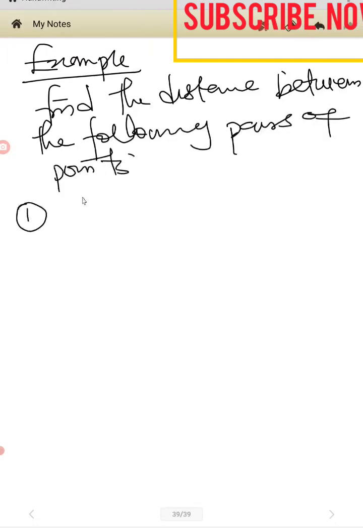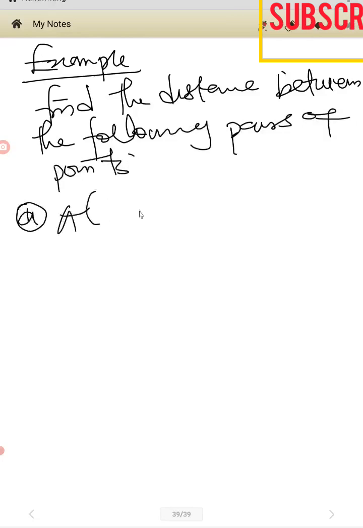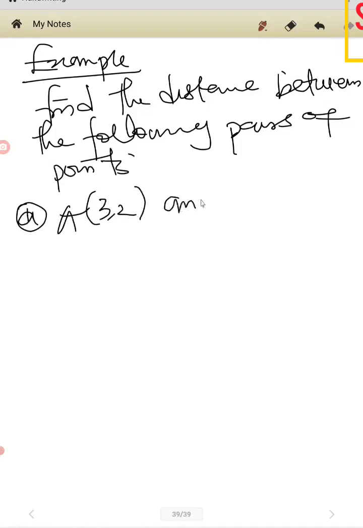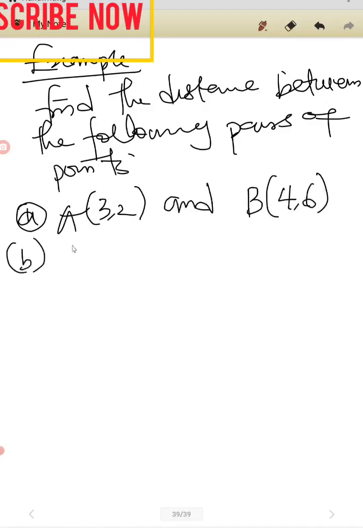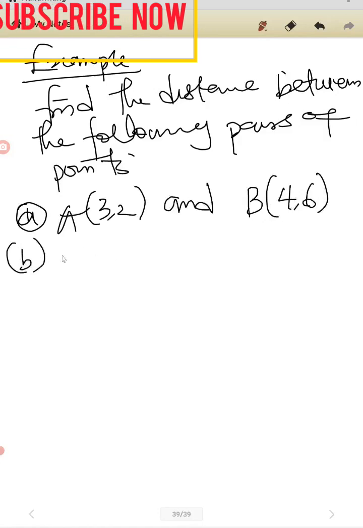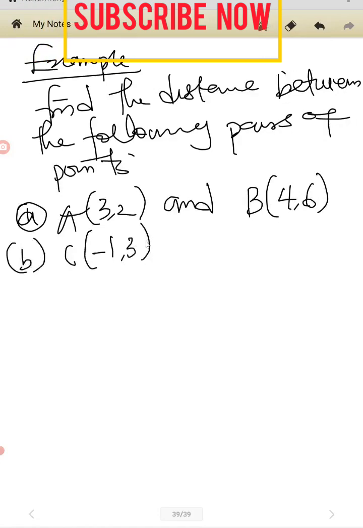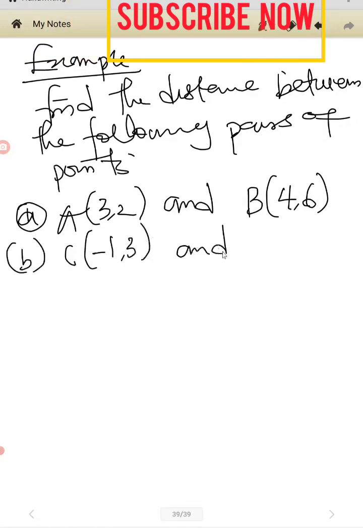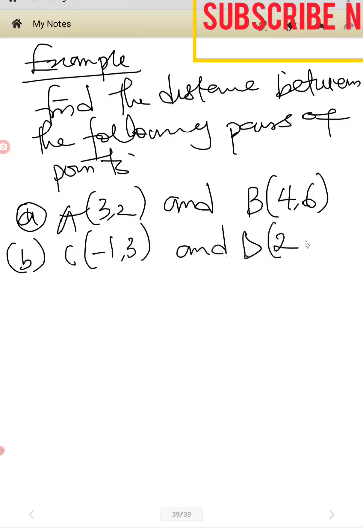Let's represent by A. We have a point A: 3, 2. We have another point, which is point B: 4, 6. Let's just solve 2 questions. We have another point C: minus 1, 3, and another point D: 2, minus 7.